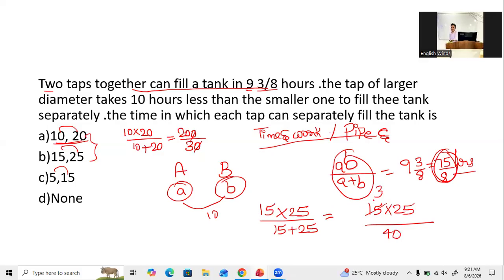So 5 threes are 15, and 5 eights are 40. 25 threes are 75. So 75 by 8. So what is my right answer? The right answer is 15 comma 25. Other answers cannot be correct, because for the others the value would not match 75 by 8. Thus the right answer is this.